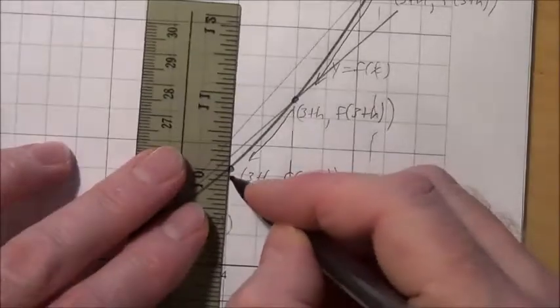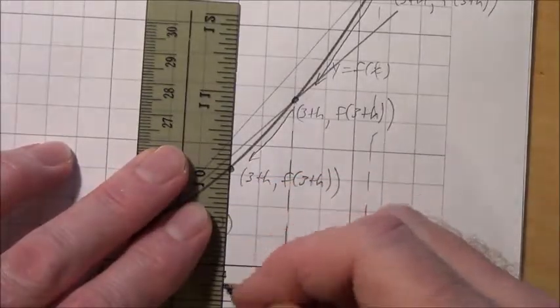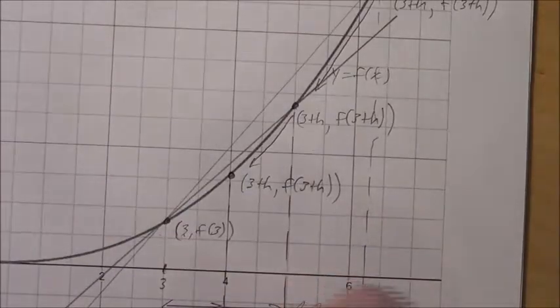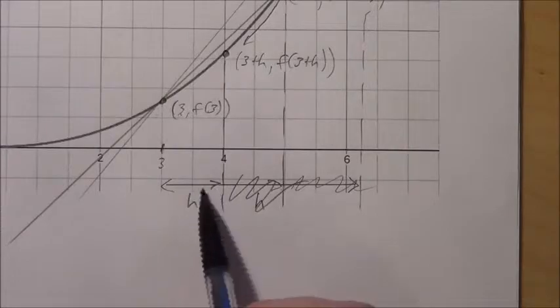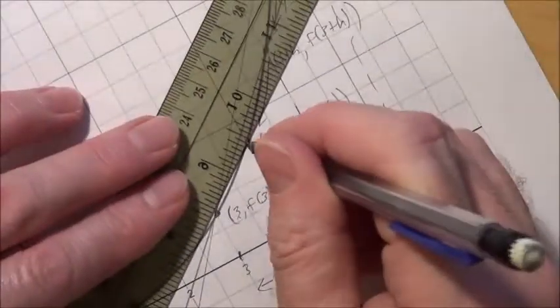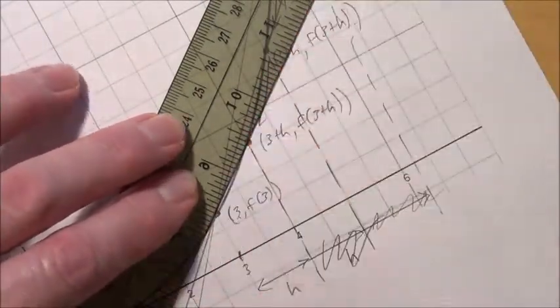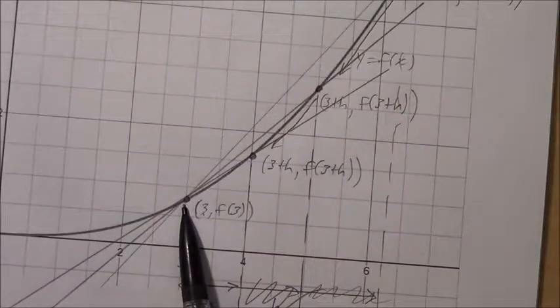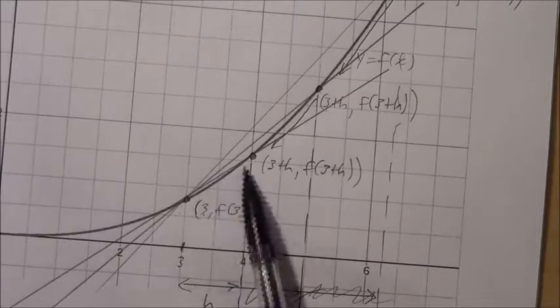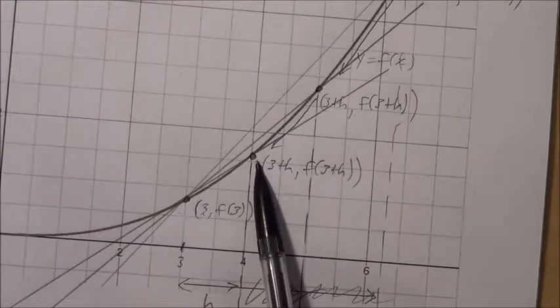Now the horizontal distance has become much smaller, so it's only here. The secant is still through the point 3, f of 3, but now the second point is much closer.